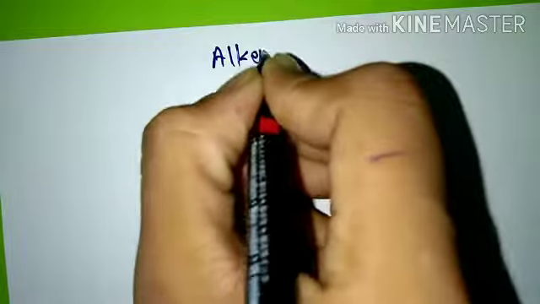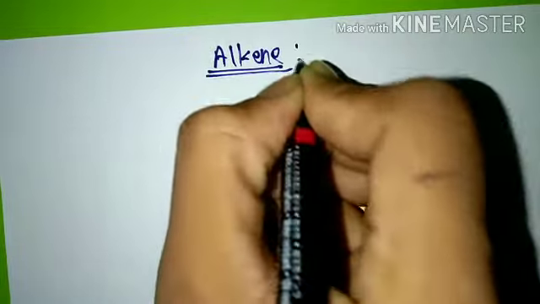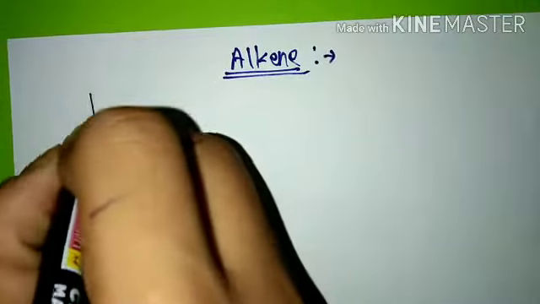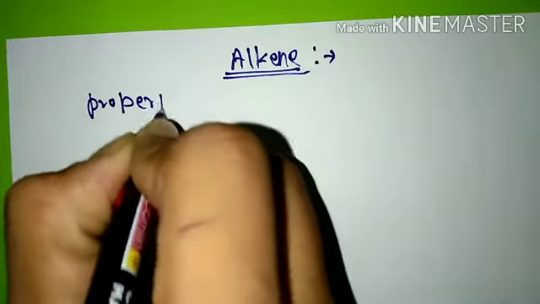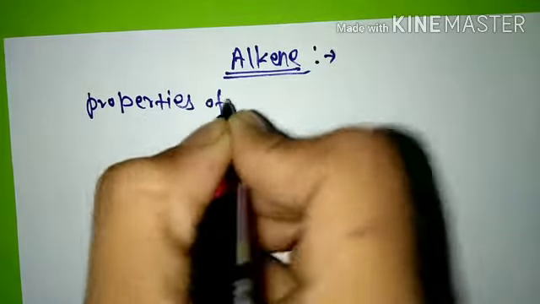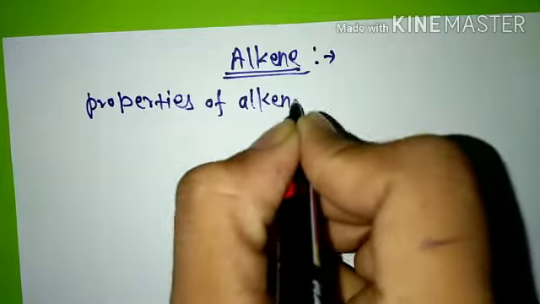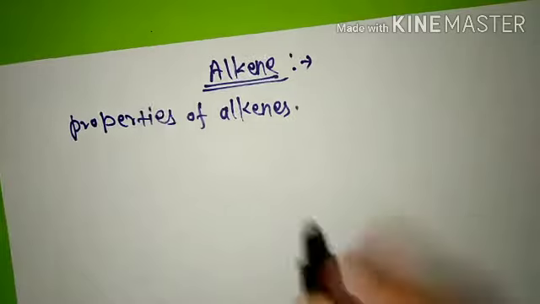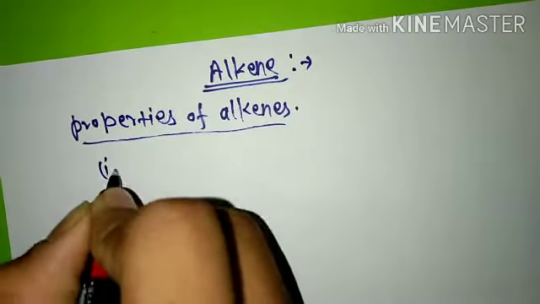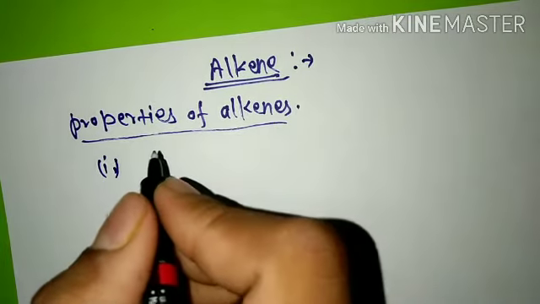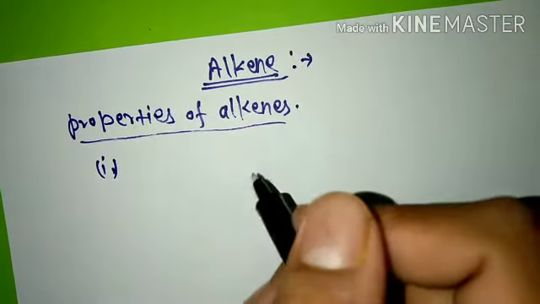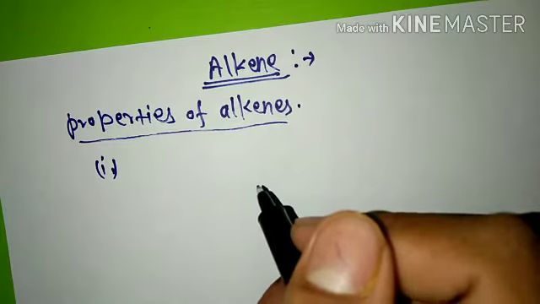Our next hydrocarbon is alkene. So let us talk about the properties of alkenes. First one is boiling point of alkene is comparable to that of alkane because they aren't much polar.